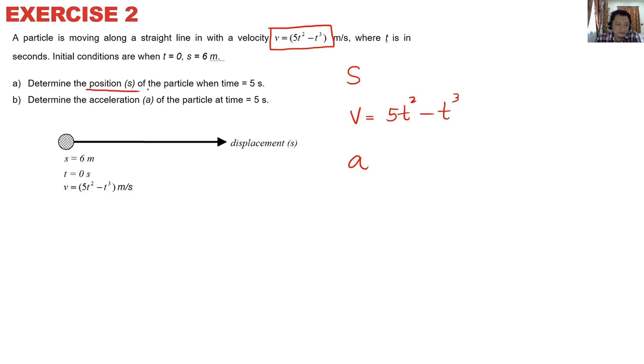If you want to determine the position, you have to go this way, you have to integrate. If you want to get acceleration, you have to differentiate. So it depends where you are in this diagram.